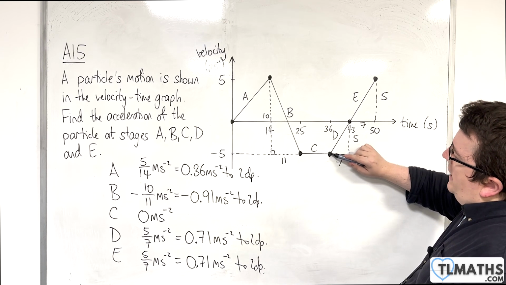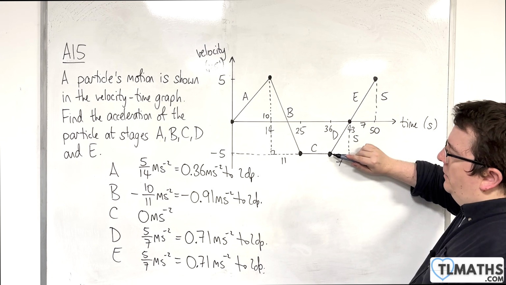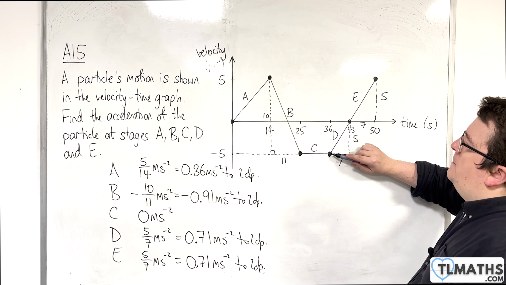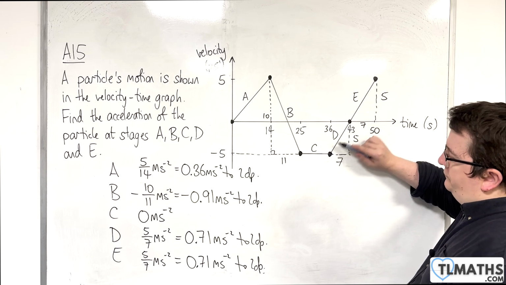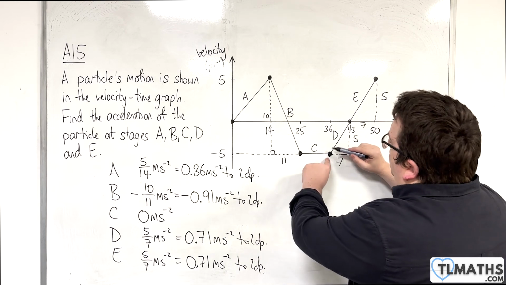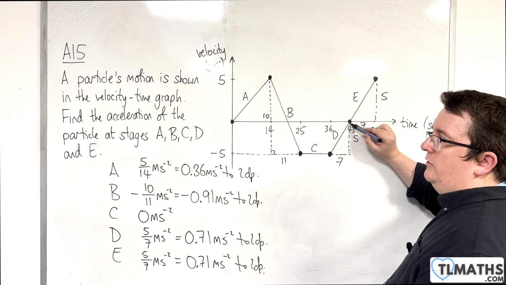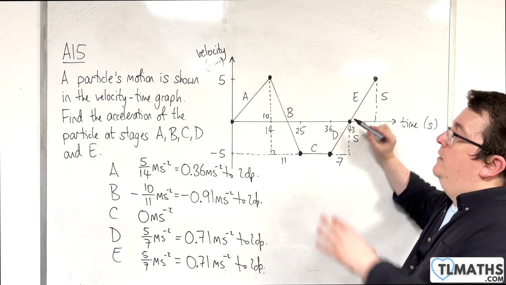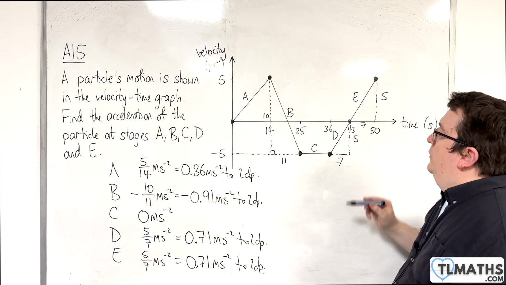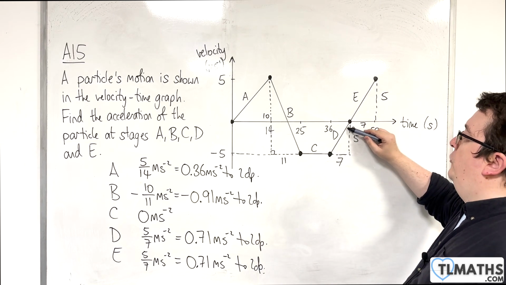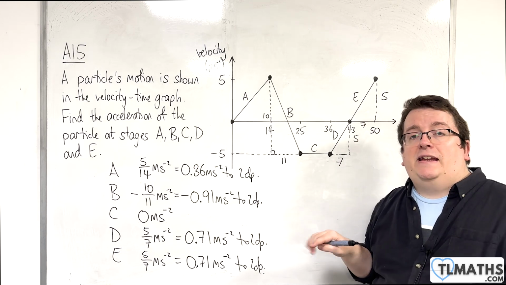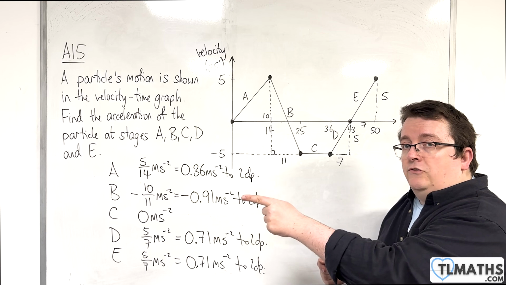So when you're going from here to here, you are travelling in the negative direction, but you're slowing down, because you're getting closer and closer to the time axis. The further away from the time axis you are, the faster you're going. So because we're travelling towards the time axis, we're slowing down. Because we're below the time axis, the velocity is negative, which means you're travelling in the negative direction.